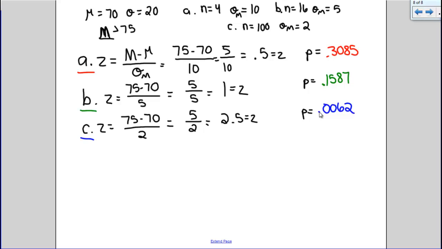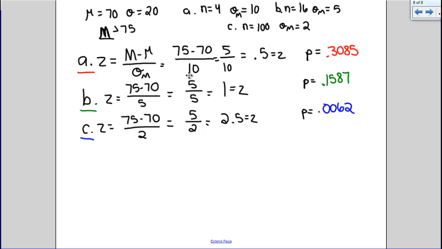So when you look at this example, you can see that it's much less likely to sample 100 people whose toothbrushing time exceeds 75 than it is to sample 16 or 4 individuals with a mean greater than 75. Now this is because the large sample results in a low standard error, which results in a low chance of obtaining a sample that doesn't represent the population.